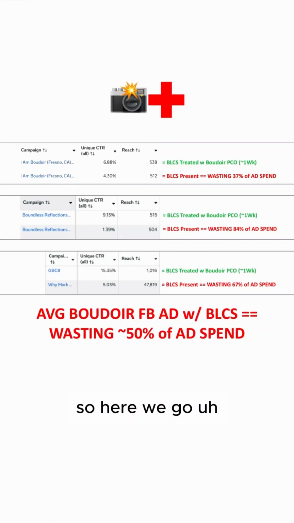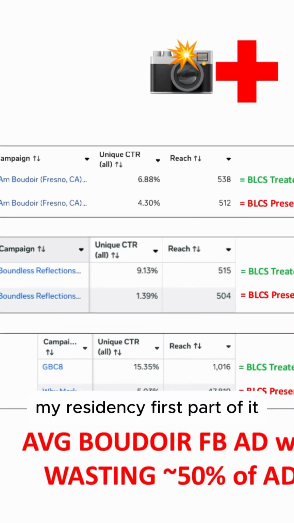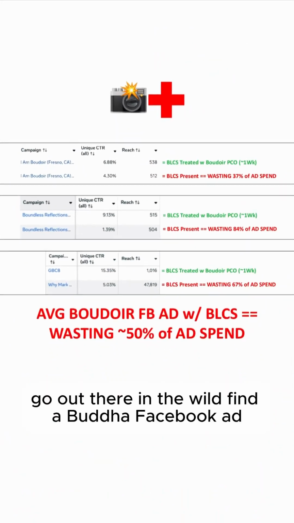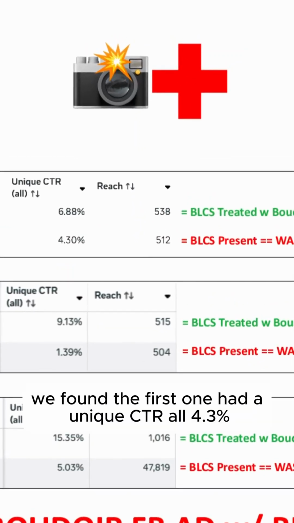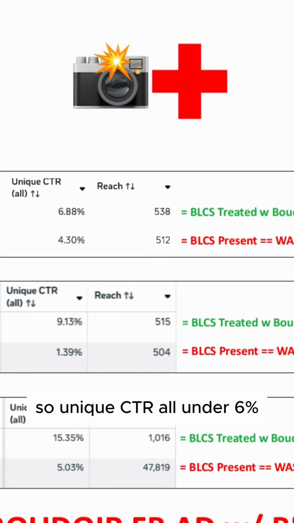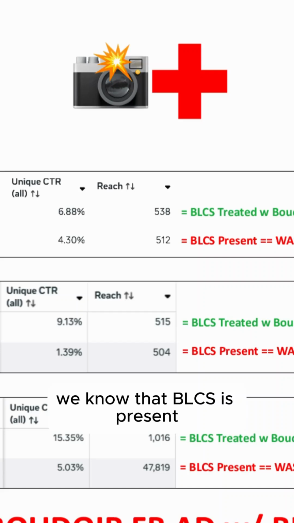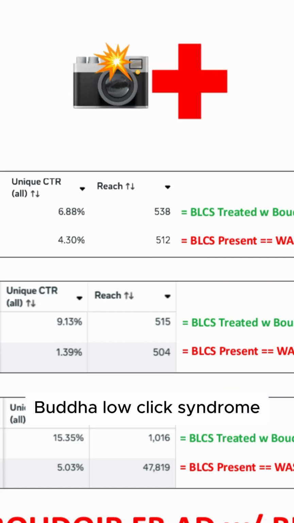So here we go. My residency, first part of it. Go out there in the wild, find a boudoir Facebook ad, bring it back to the hospital, test it. We found the first one had a unique CTR of 4.3%. So unique CTR under 6%, we know that BLCS is present, boudoir low click syndrome.